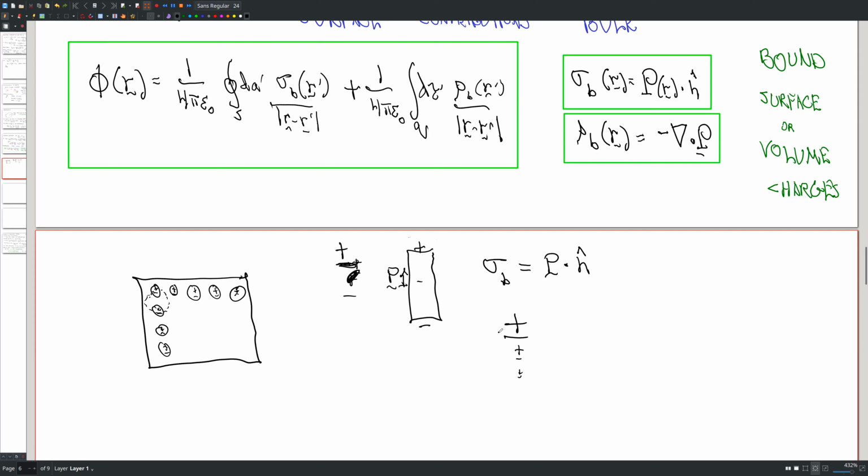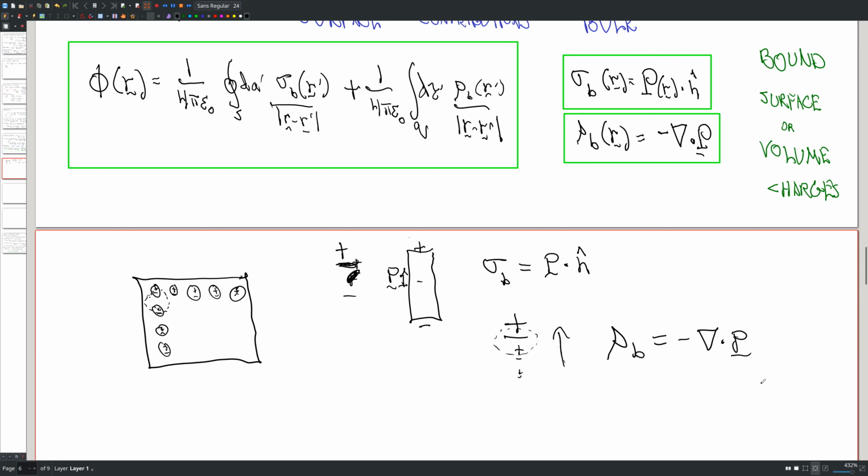I've got an excess of negative charge, because this negative is bigger than this positive in absolute terms. So if my polarization is increasing this way, I've got an excess negative charge, and that is why the bound charge density inside is minus the divergence of P.